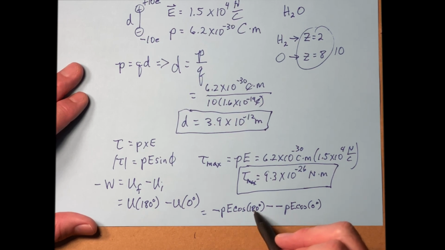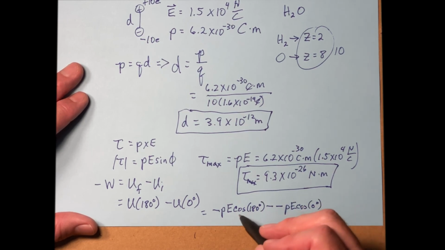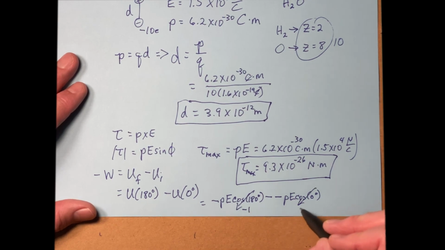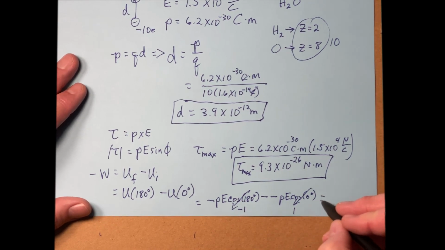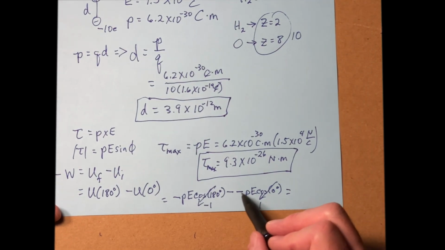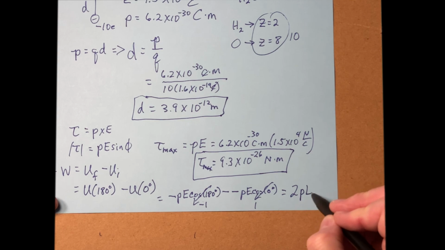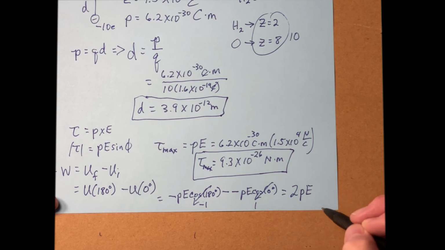Well, cosine of 180 is negative 1, so this becomes minus 1. This becomes positive 1. And remember, these are going to cancel each other, so when you sum those up, we're going to have 2PE, like that.